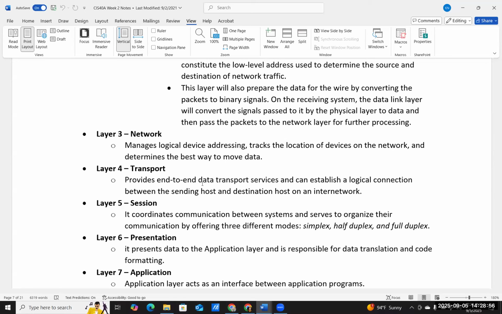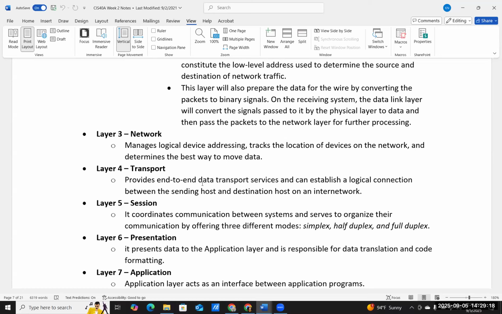Okay, so I'm going to touch on these modes: simplex, half duplex, and full duplex. This is strictly for communication purposes. Simplex is one-way communication. It can only send or receive. Some systems only do that.